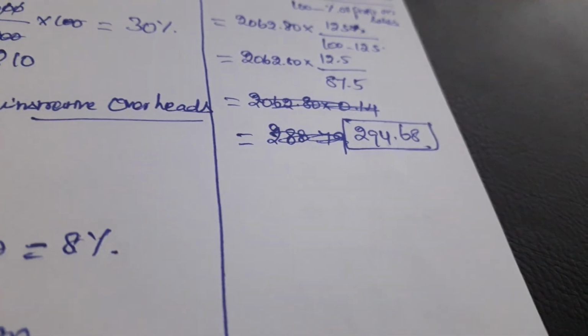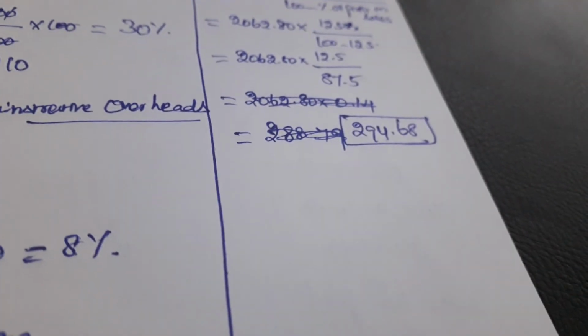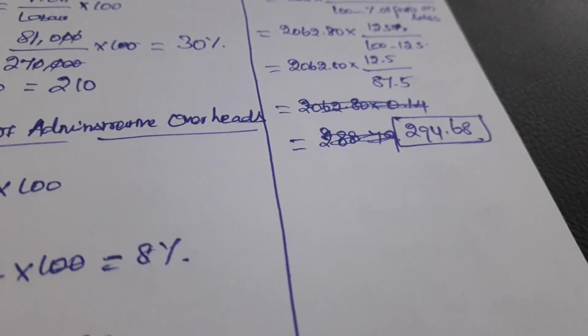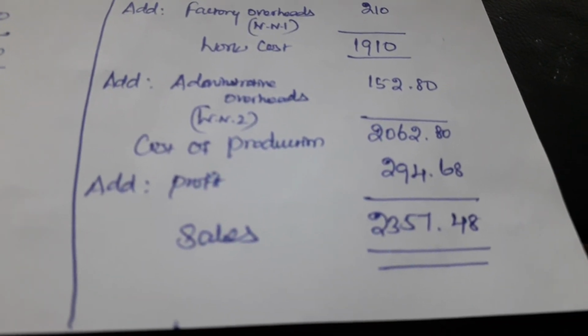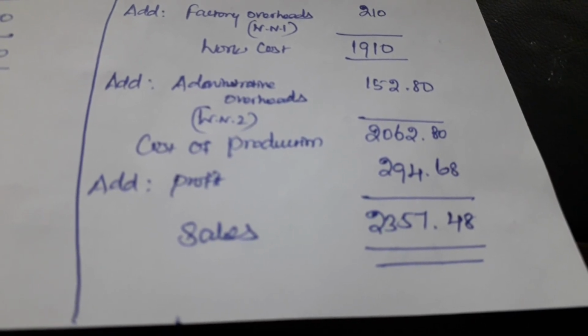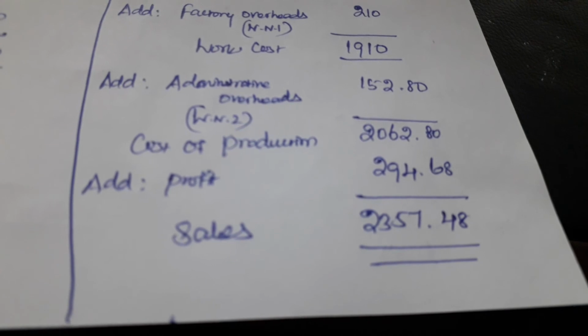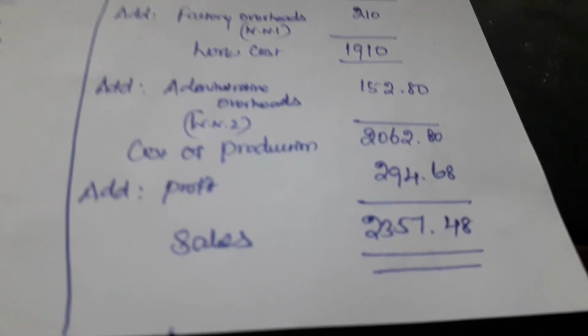If we solve this, we get 294.68. If we add profit and total cost, we get the selling price or the final sales price. Total cost is 2,062.80. Profit is 294.68. If you add both, then we get sales.